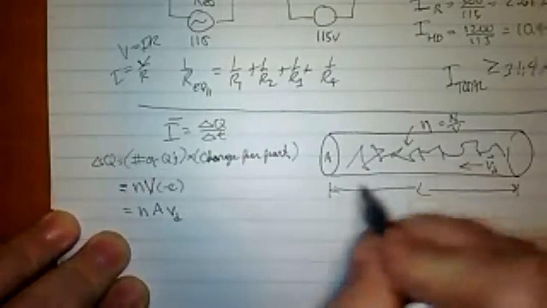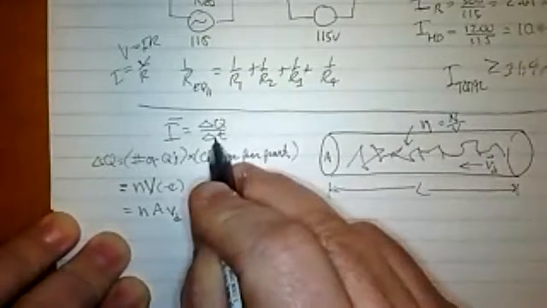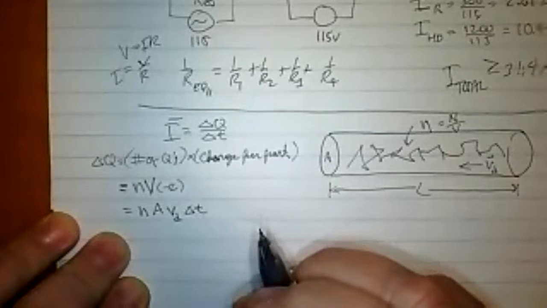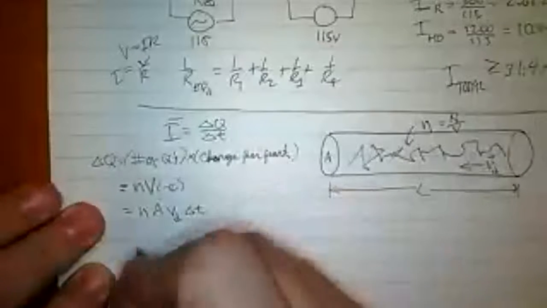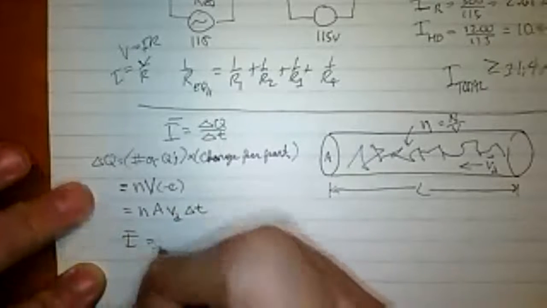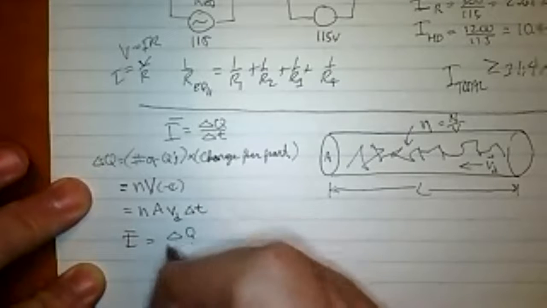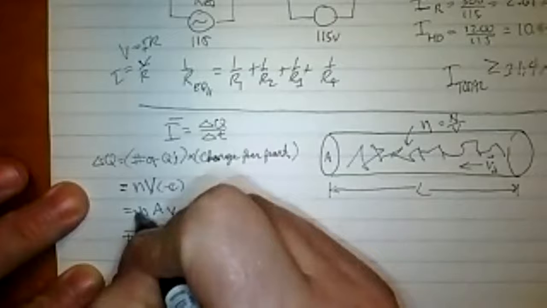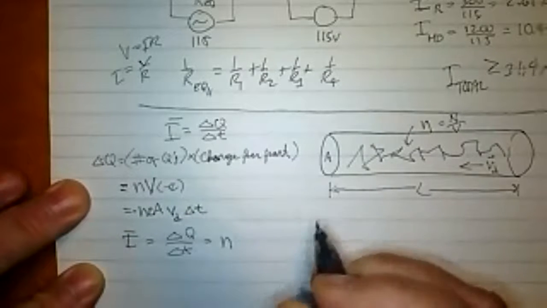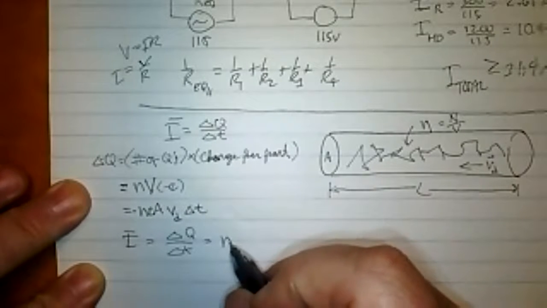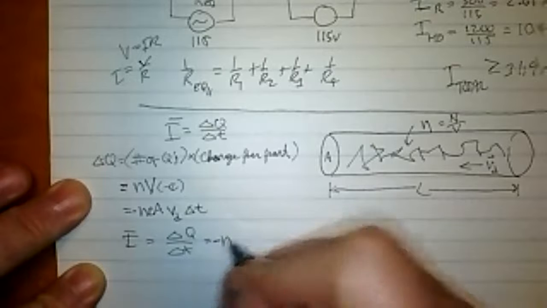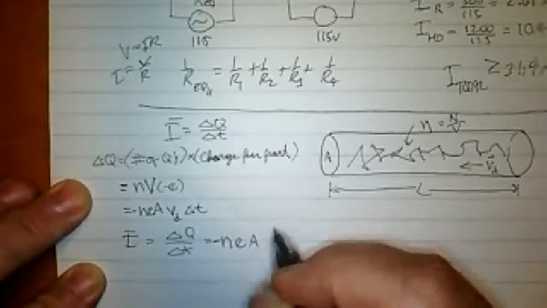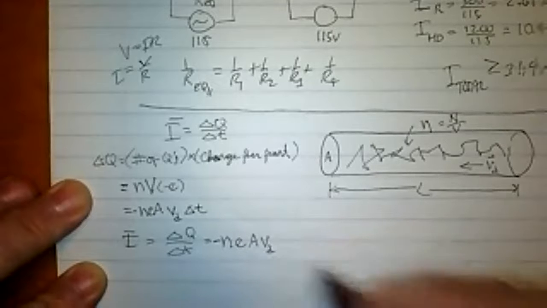And then that V sub D times the time that you're actually observing it, so I'll call that delta T. So now I can say that the average current is delta Q over delta T, which gives me N, oops, I left off my negative E, which gives me N, the number per unit volume, times E, times the area, times the drift velocity.